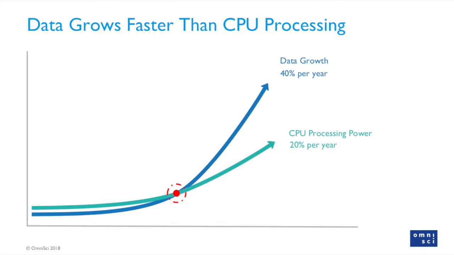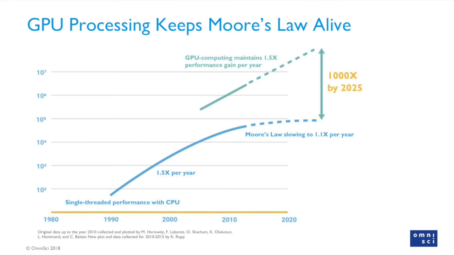What is the problem that we are solving? As you can see, and a lot of people use this graphic, data growth is like 40%, whereas CPU processing power is only growing at 20%. So definitely there's a gap, and that's widening. With GPUs, because you can pack so many more cores in a single GPU, that computational power is still growing at 1.5 times.